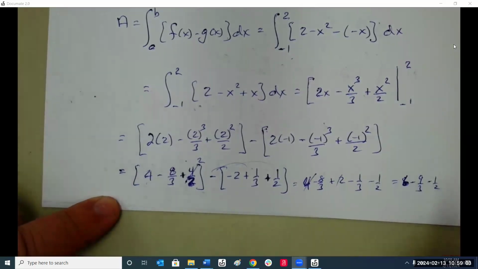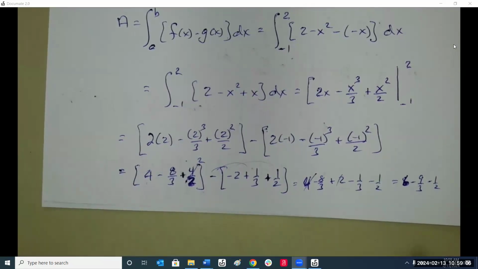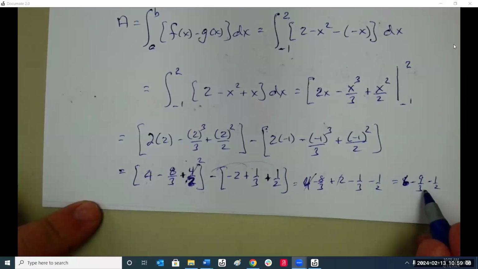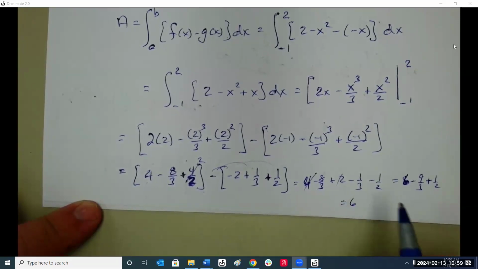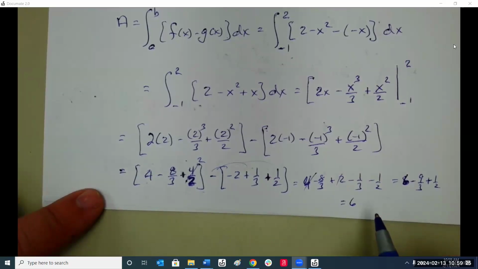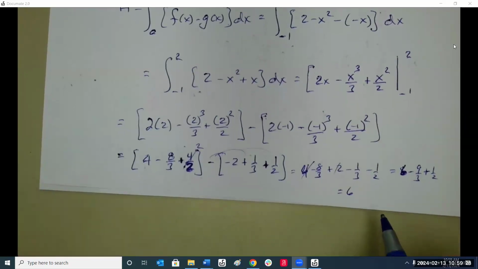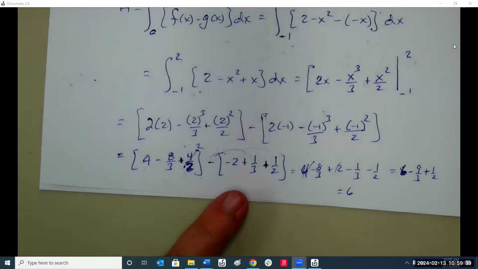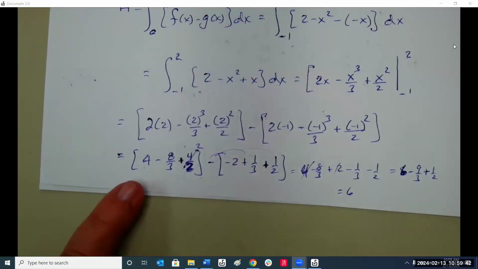Makes 6. So it's 6, so drop the absolute value.